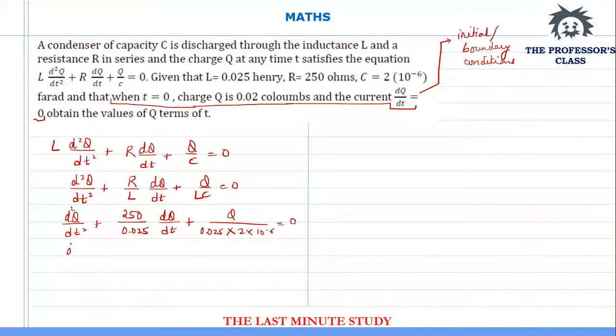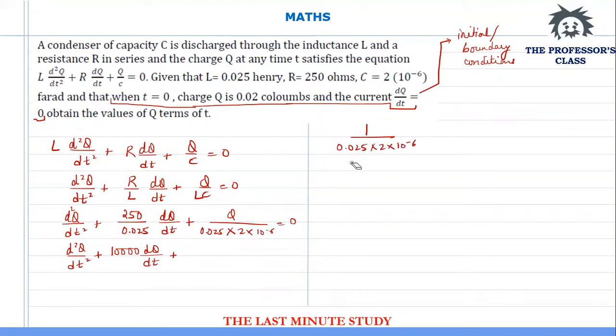So this becomes d square q by dt square. Now on solving this, we get 10,000 in the numerator, dq by dt, and simply if I solve the last term, I'll get 1 by 0.025 into 2 into 10 raised to minus 6.